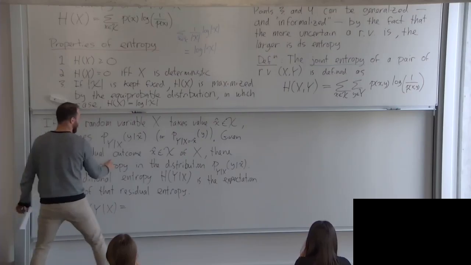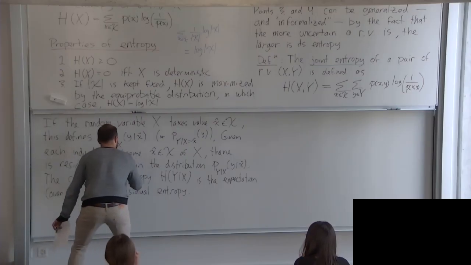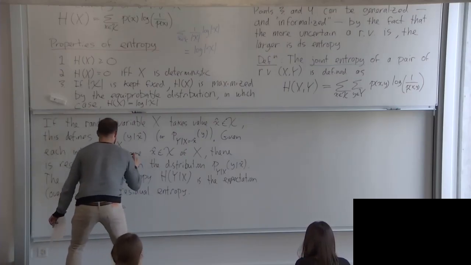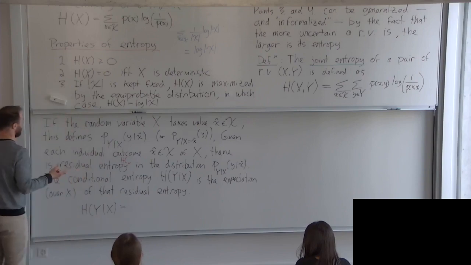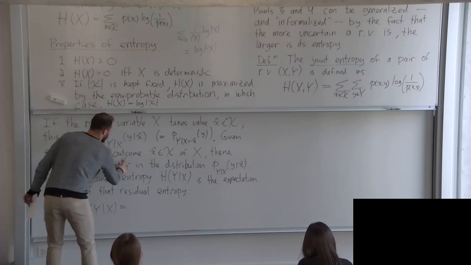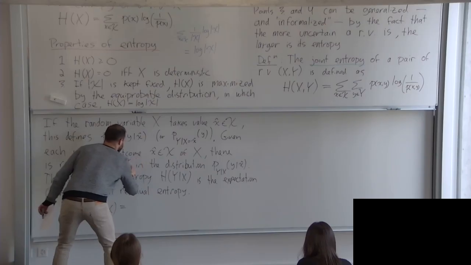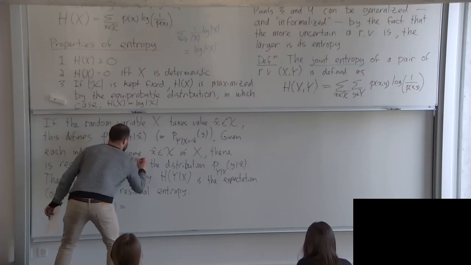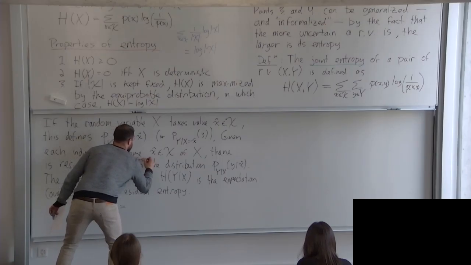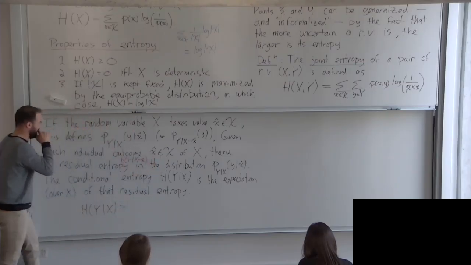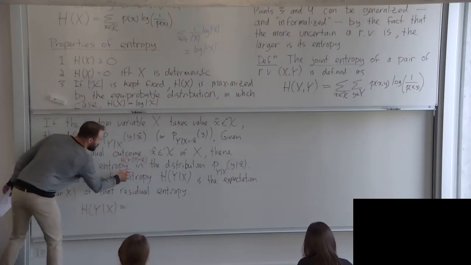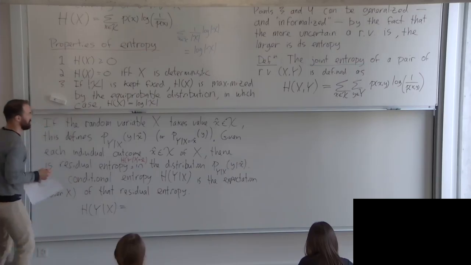There is residual entropy, and the notation here I denoted as H of y given x hat. So it's entropy with respect to y, the random variable is y, but knowing that the random variable x had value x hat.